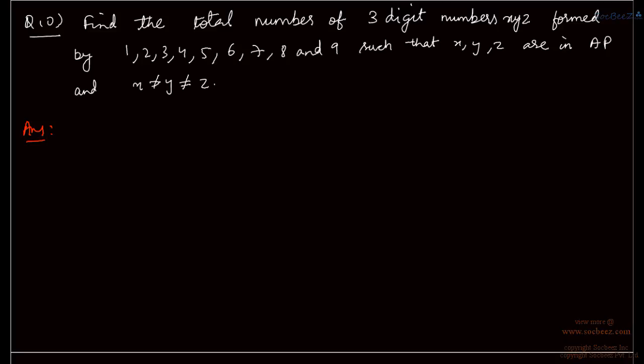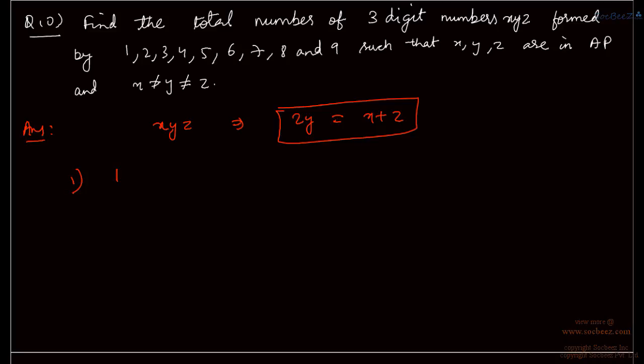So what I do is, I start with the first case, the first number. Since the number is xyz, and since they are in AP, I can write 2y is equal to x plus z, right? This is just what xyz being in AP means.